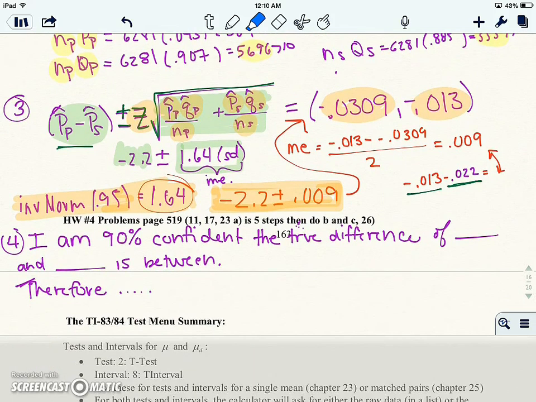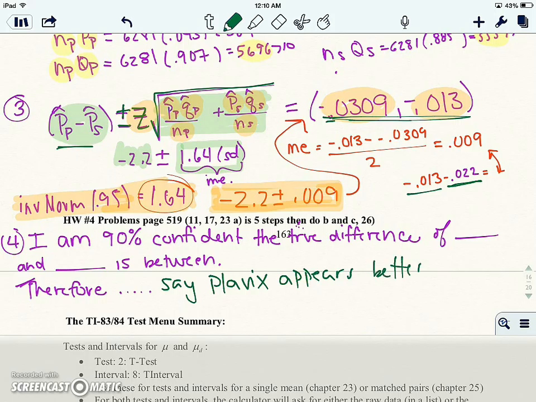And therefore, here's the key thing. Because both of these are negative, and if it was negative it meant Plavix is better, I can say Plavix appears better. Now, it doesn't necessarily mean it's that much better, because look how close to 0 our bottom value is. But overall, it appears better.